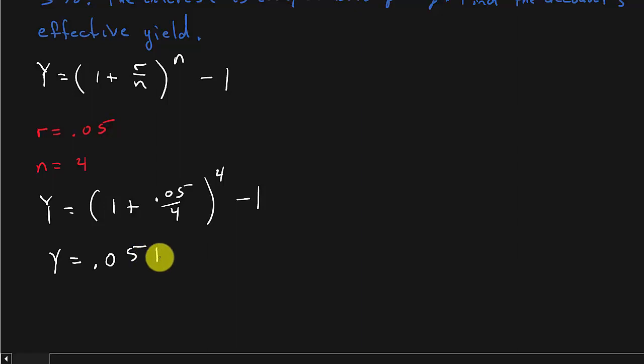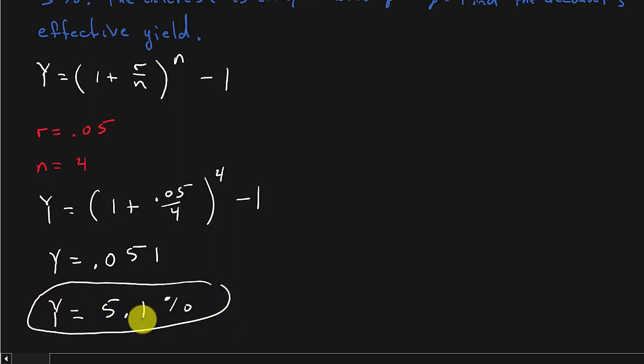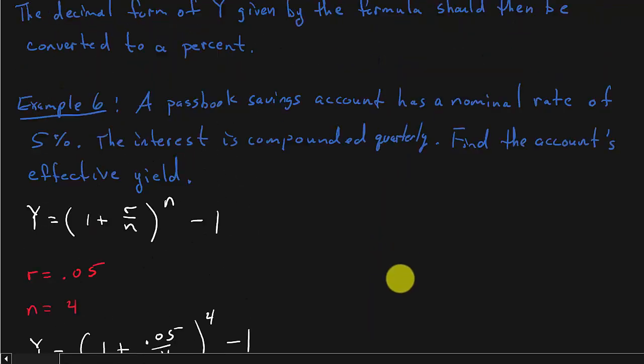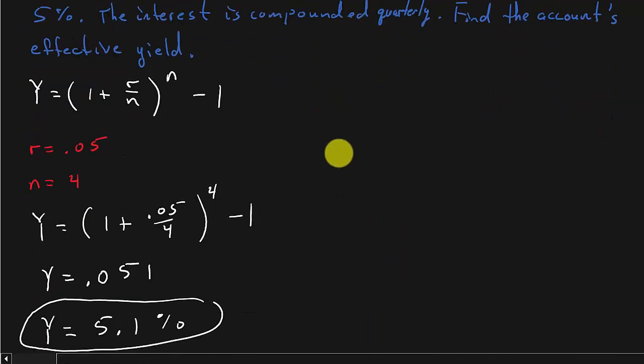Typically on these problems, as far as my classes go, round it to 3 decimal places. Whenever you're finding a percent for an answer, round it to 3 decimal places, because that gives you your percent with 1 decimal place. Now, your teacher may want 4 or 5 decimal places. I don't know. But as far as I'm concerned, 1 decimal place is good enough. And that would be the account's effective yield.